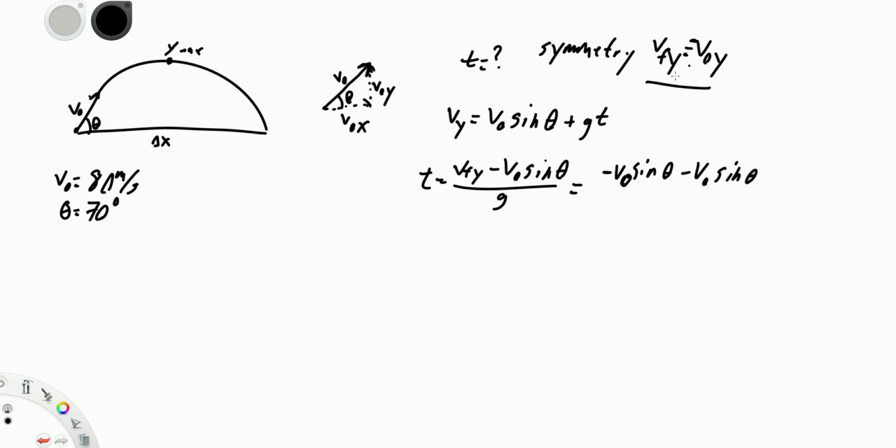And this is just applying this definition. So the final velocity in the y direction is equal to negative V naught in the y direction, all divided by G.